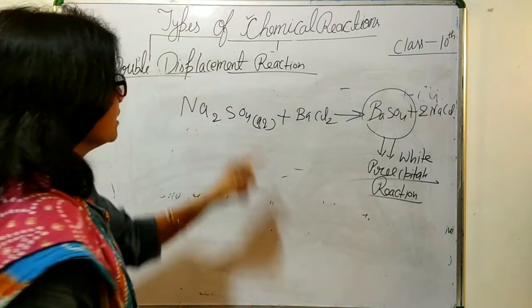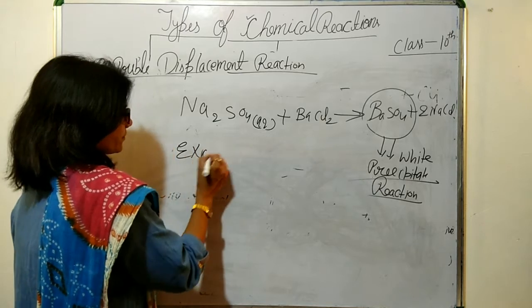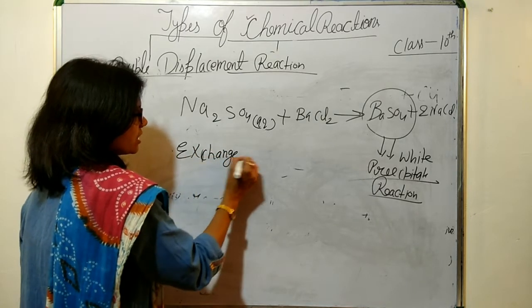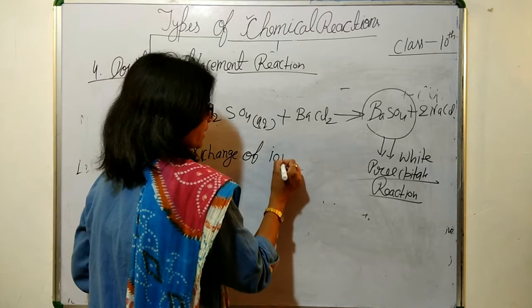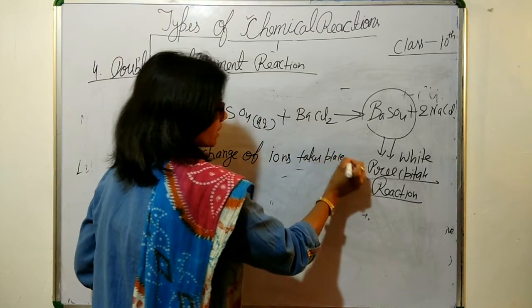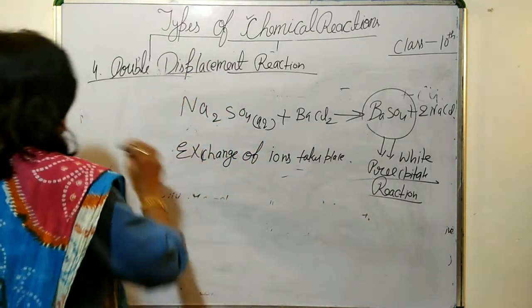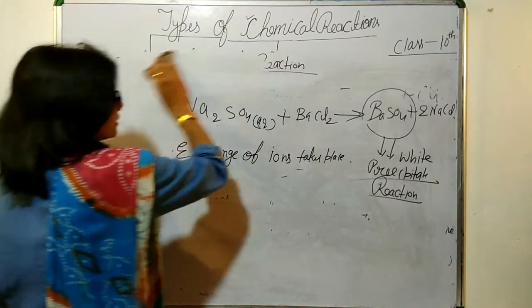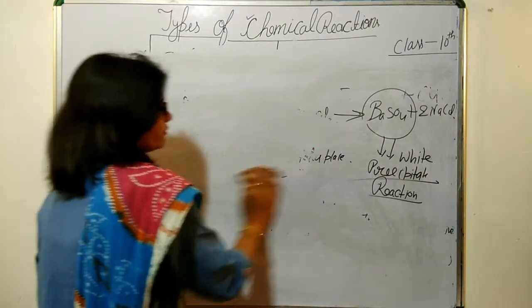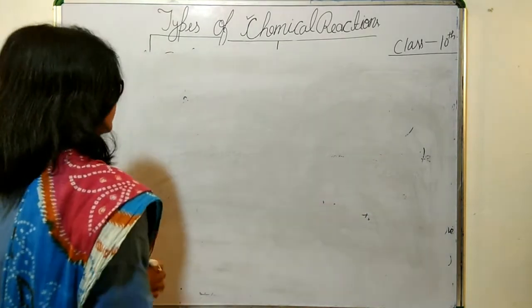So it is a double displacement reaction in which an exchange of ions takes place. About the precipitate reaction I have told you earlier. Now our fifth type of reaction is the oxidation reduction reaction.